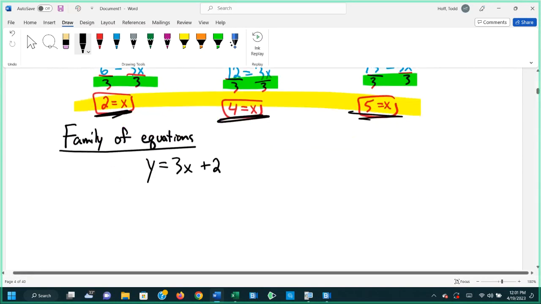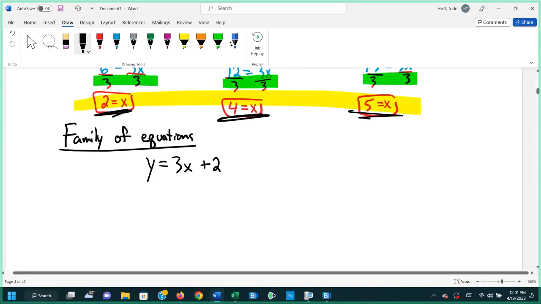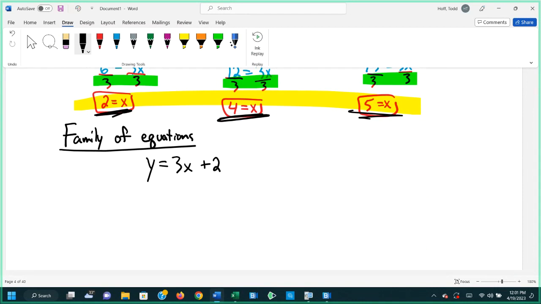When we change the value of y, it's going to change the value of x. Or the other way around. We can look at it as changing the value of x to change the value of y. But either way, there is an infinite number of solutions. We cannot list them out because there's too many. We can't list an infinite number of items. So the only way we can display all solutions is to use a graph.